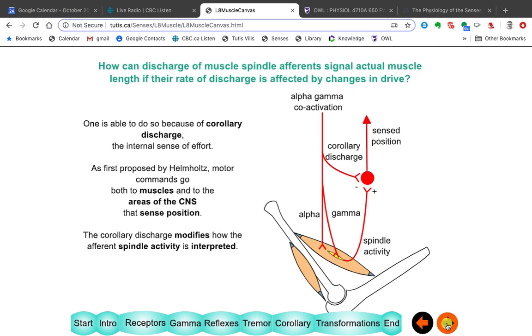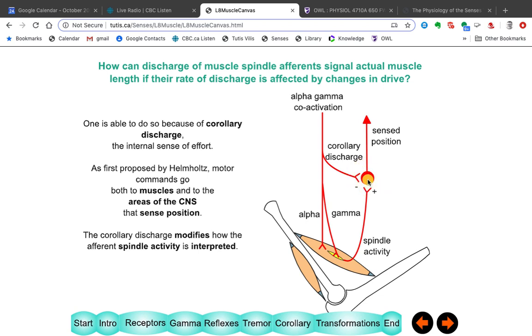Well, it does so by means of our old friend corollary discharge. The brain sends down a signal, alpha-gamma coactivation. The alpha contracts the muscle, the gamma increases the sensitivity. That goes back up to the brain.